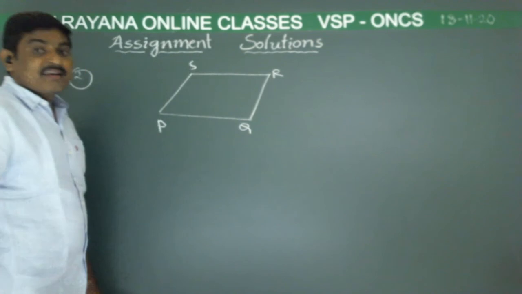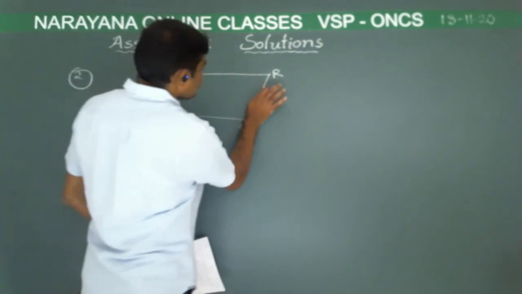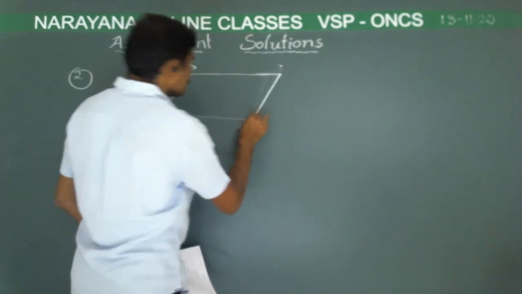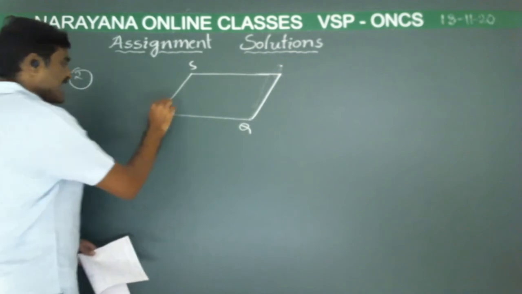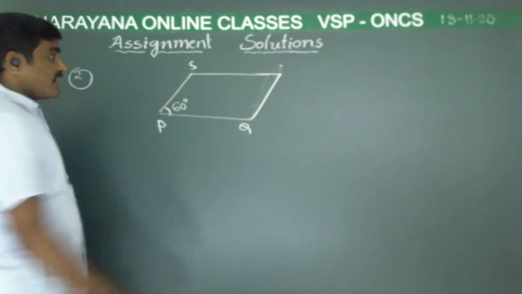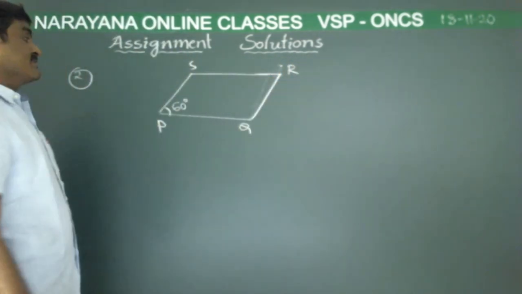In the parallelogram PQRS, it is given that angle P is equal to 60 degrees. We need to find angle Q, angle R and angle S.